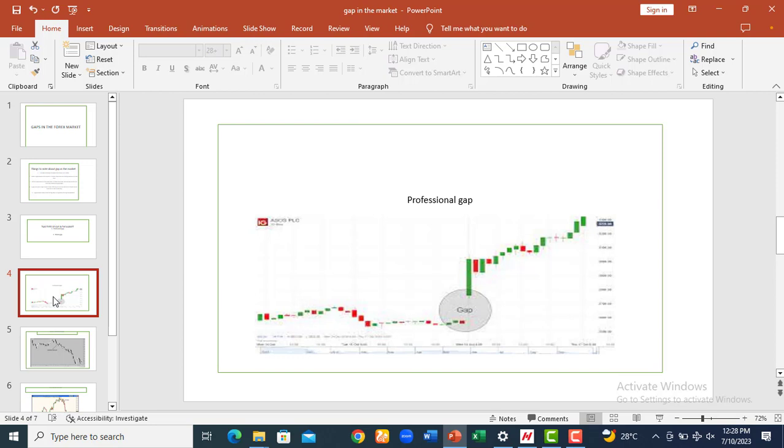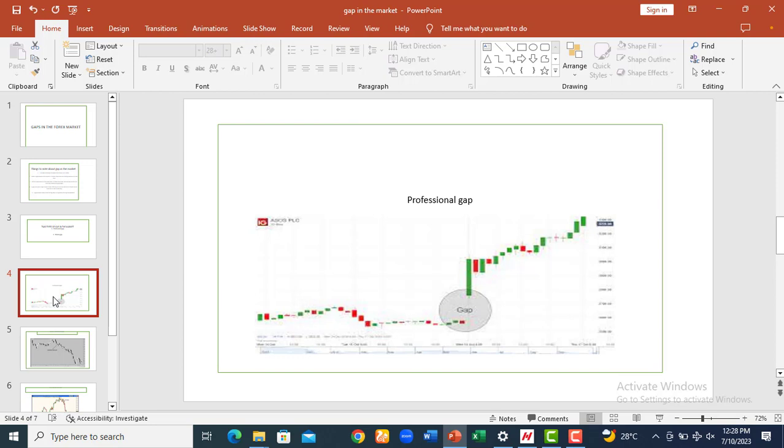Now, before I go ahead talking about the bullish professional gap or the bearish professional gap, the question now is, what is a professional gap? These are gaps that open at the beginning of a trend. Let's say you see the market buying, or let's say the market is selling. Suddenly you start seeing the market reversing.